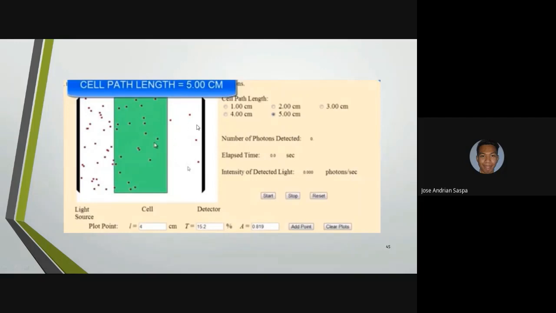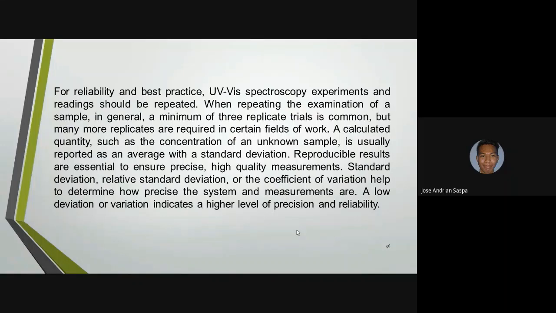For reliability and best practice, a UV-vis spectroscopy experiment and reading should be repeated. As we always do in the laboratory, we conduct several trials or experiments, like 1, 2, 3 trials, to get the average result and have a good analysis.